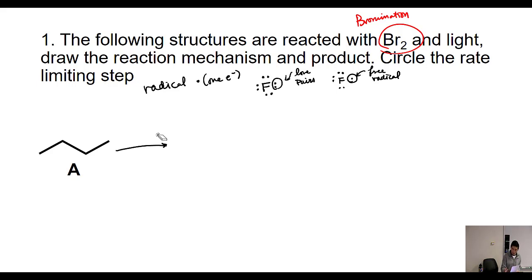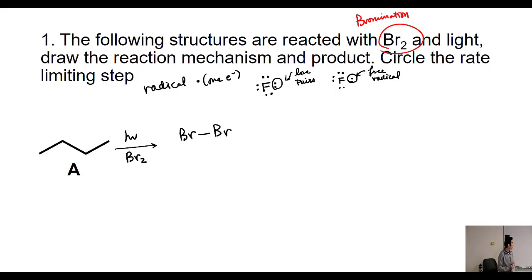Okay, so we say the following structures are reacted with bromine and light. What's happening is I've got the arrow, I've got light, and Br2. The first thing that happens is bromine is the thing that's getting hit by light. Very, very important. It's not this structure that gets hit by light. It's the bromine.